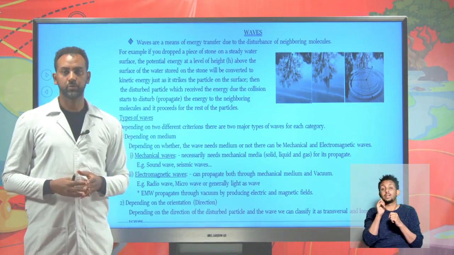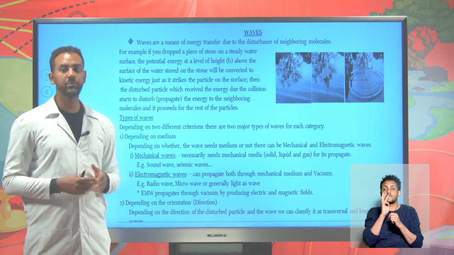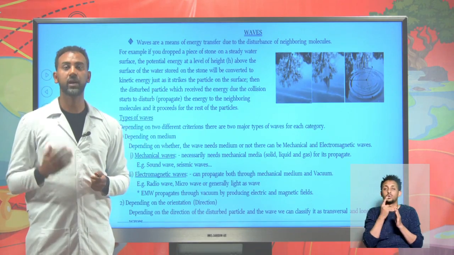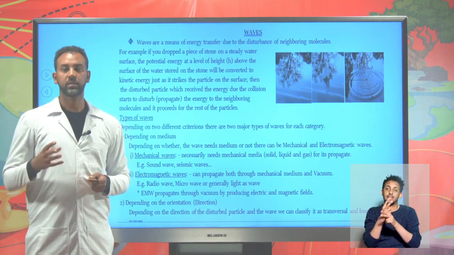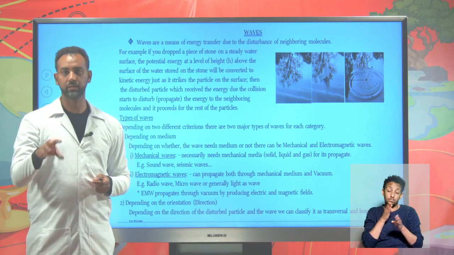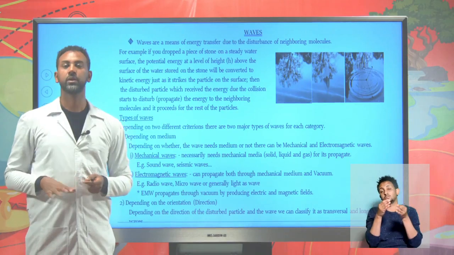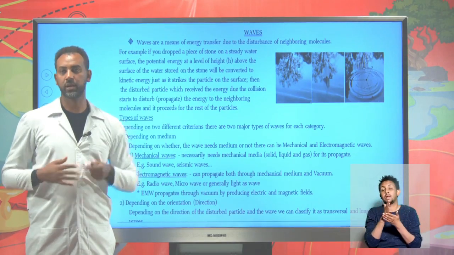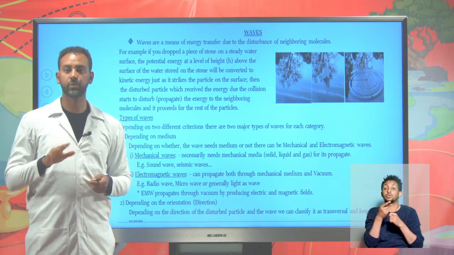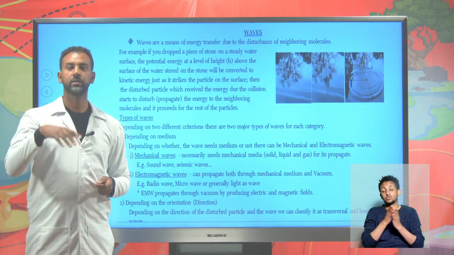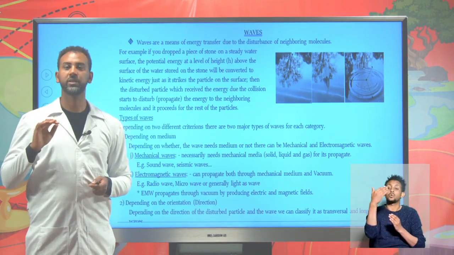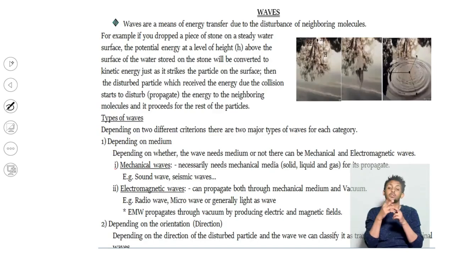Now let's look at waves. What do we mean by waves? Well, waves are energy carriers. If you release energy, that energy might be transmitted through a given medium. Suppose I'm telling you something and it's propagating through air to the audience. It might also propagate as electromagnetic waves.